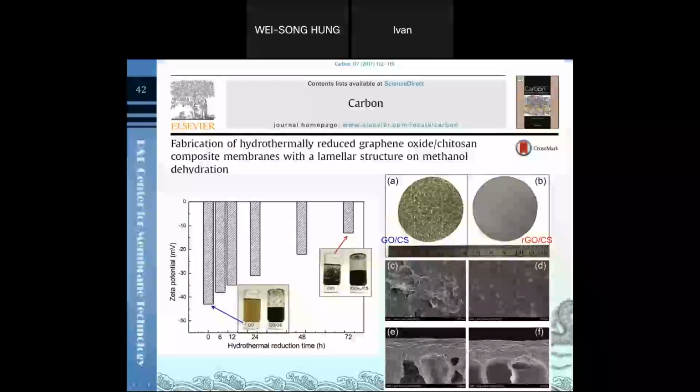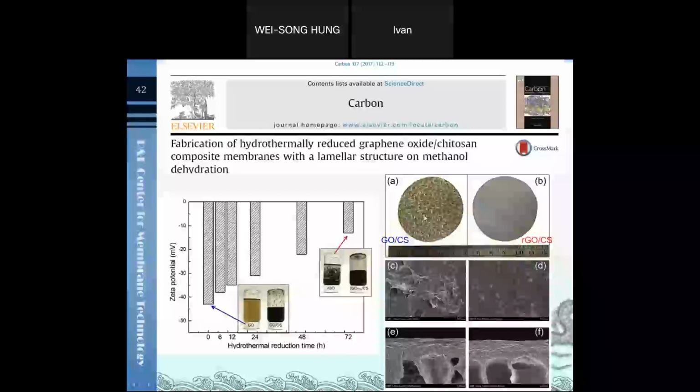The graphene oxide is negatively charged, and the chitosan has a positive charge. So when we blend them, a strong ion complex forms between them. So finally the membrane solution is complex, and when we tested this membrane, we got a really ugly membrane.